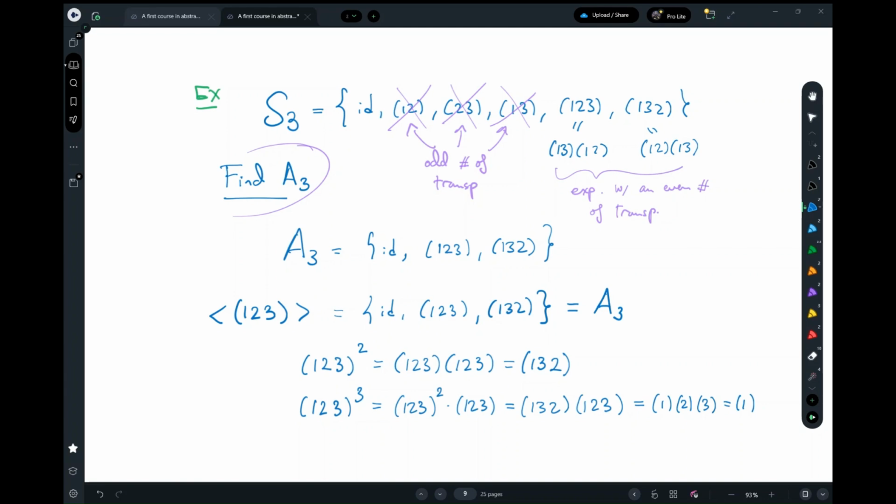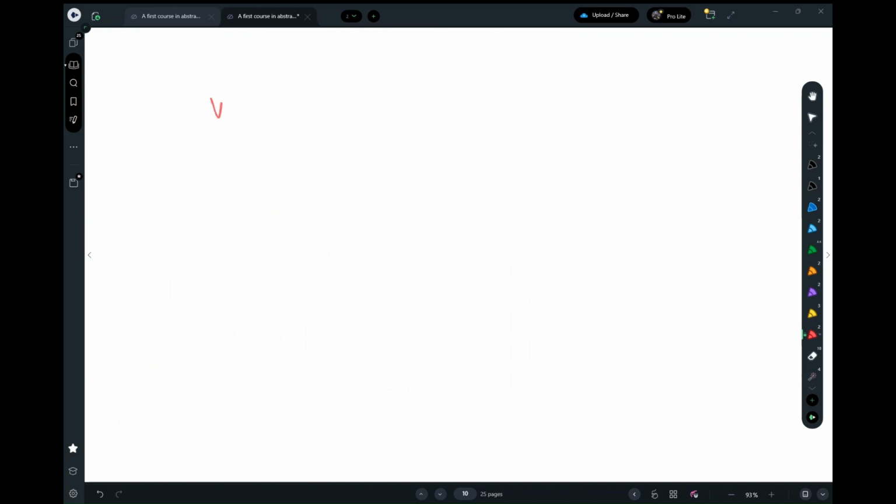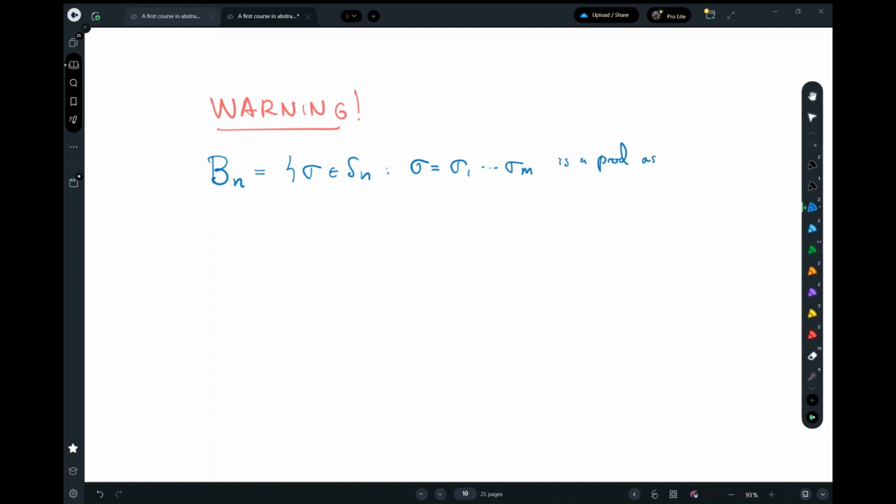So now, by the way, let me write it as a warning: if I take Bn to be the subset of elements in Sn such that sigma is a product of an odd number of transpositions, then such a thing cannot be a subgroup.